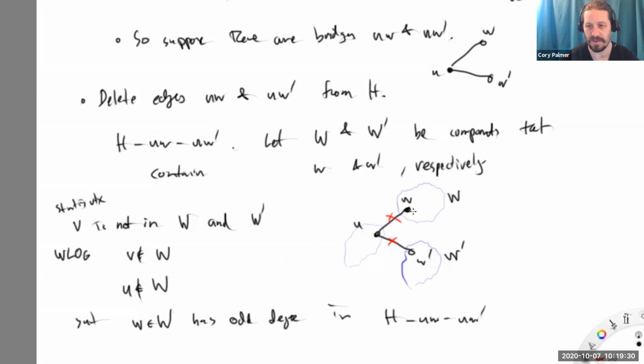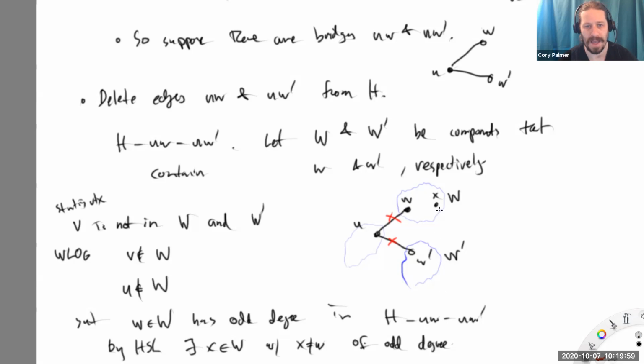Is it possible to have a single odd degree vertex in this component? No way, right? The handshaking lemma says no. There's got to be another vertex inside of W of odd degree. So by the handshaking lemma, there exists an X in W, different from little w, of odd degree.